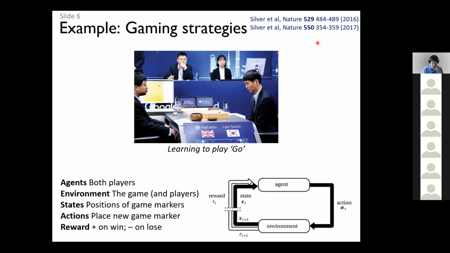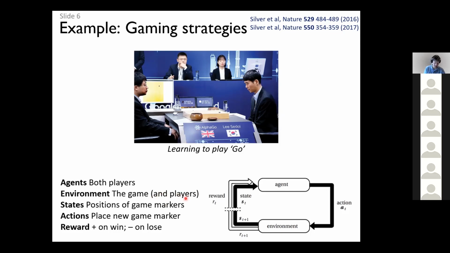And then in 2017, they made an even better player from scratch, where no human input was contributed. So only by reinforcement learning, the algorithm produced strategies that were better than the one that already beat the human in 2016.